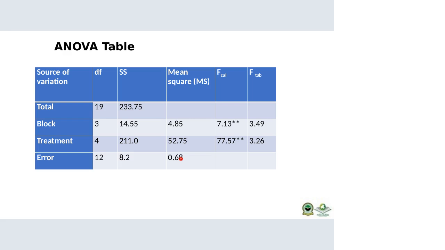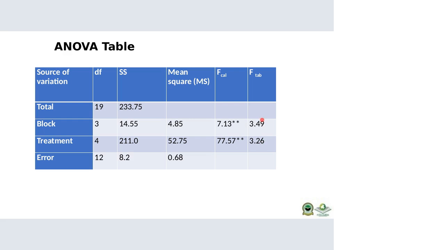Again, we'll have to divide the block mean square by the error. Please take note, by the error, and also divide the treatment mean square by the error. If we do that, we'll have our calculated F, 7.13, if we divide 4.85 by 0.68, and 52.75 by 0.65. We are going to obtain the values of F calculated.